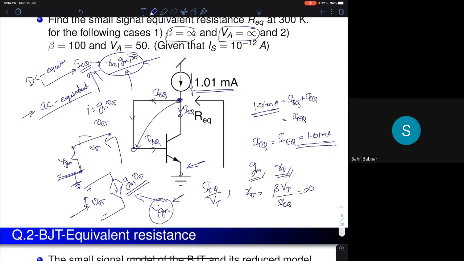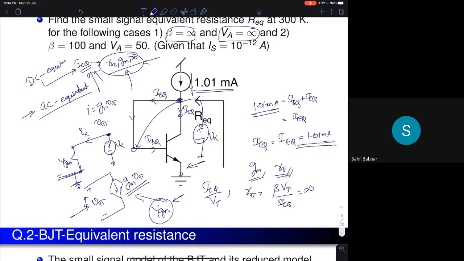So now you are asked to find the equivalent resistance seen at this terminal. The whole BJT model is collapsed into a single resistor in this example. What will be R equivalent? R equivalent is nothing but the resistance seen from collector to emitter. How do I find R equivalent? Apply a test voltage Vx at this node and measure the current Ix flowing out of it.